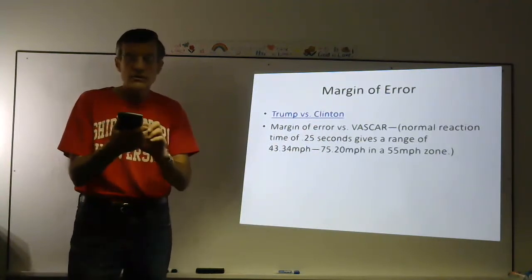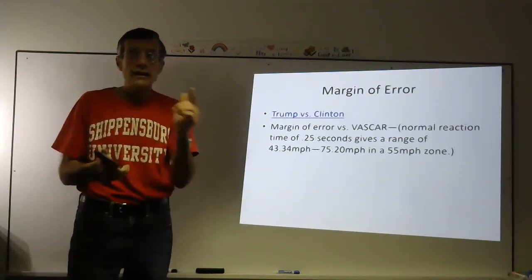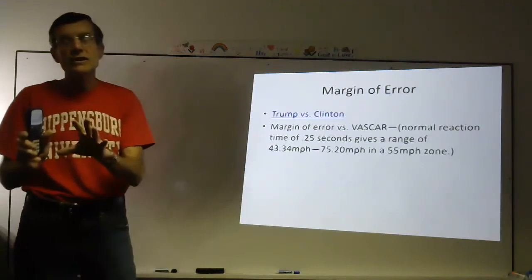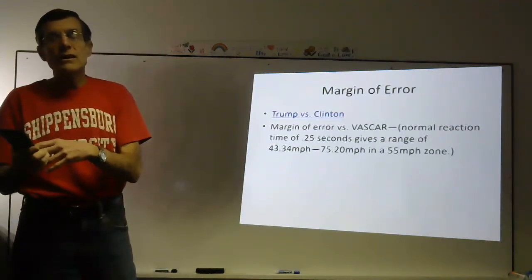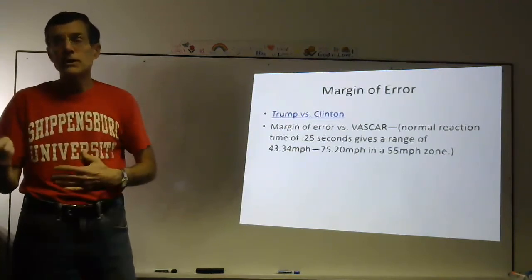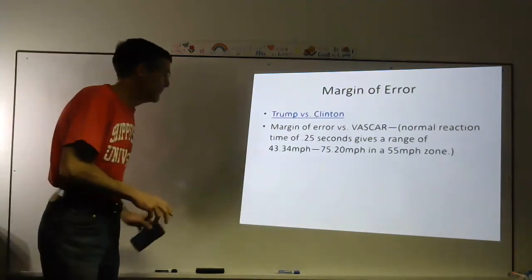And what he does is he hits a button when your car hits the first line, and he hits a button when your car hits the second line. The machine knows the distance, figures out the time between the two buttons being pushed and gives that officer a speed, okay? And then you can be pulled over for speeding.